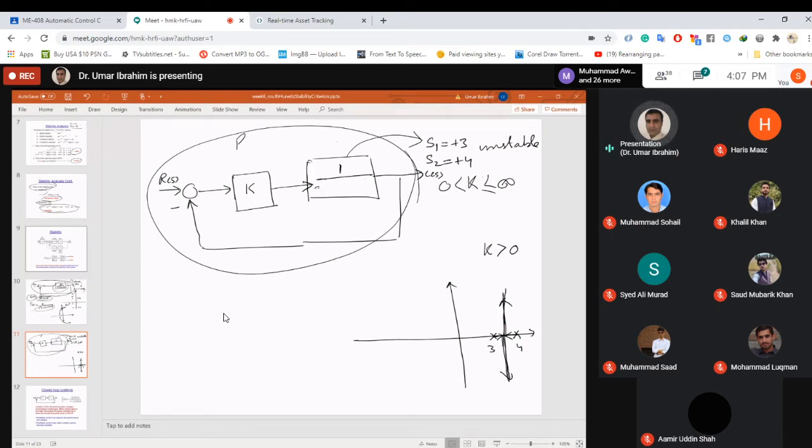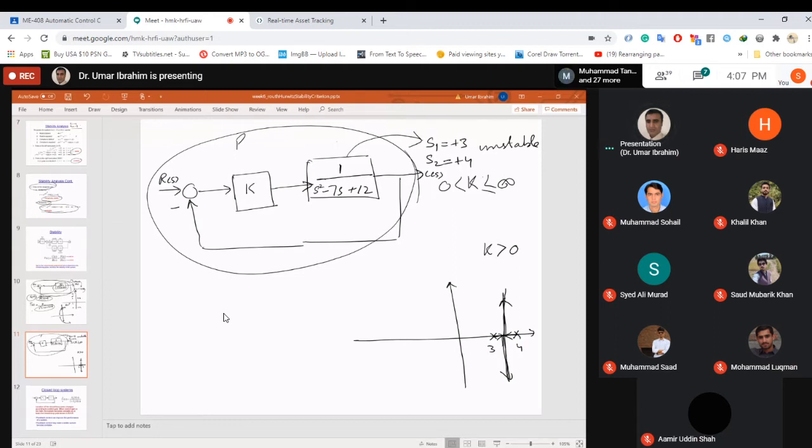So this will become s squared minus 7s plus 12.